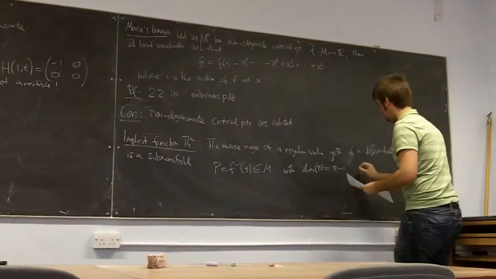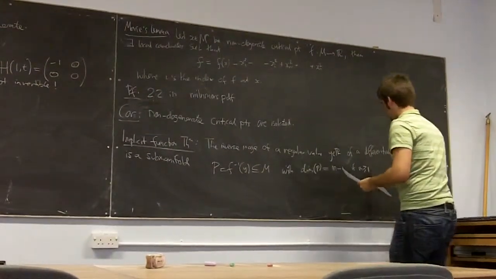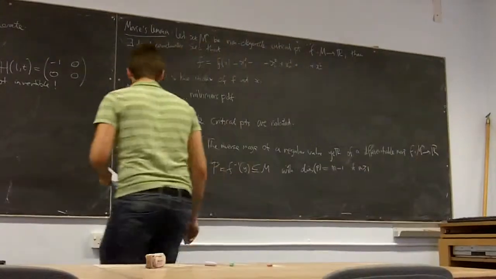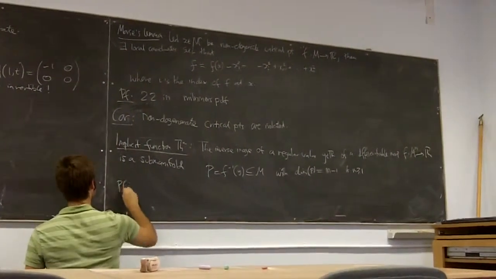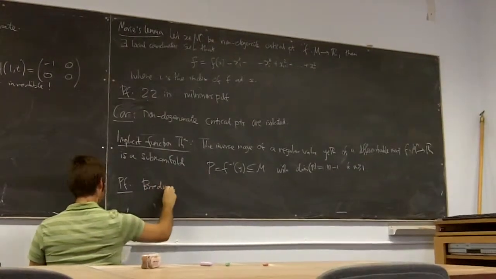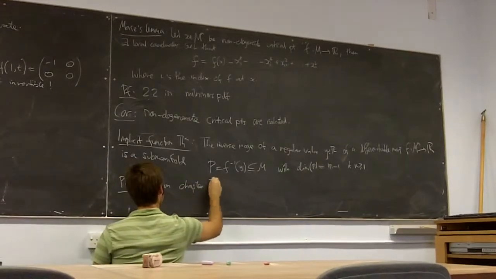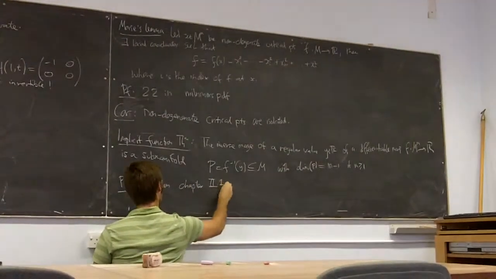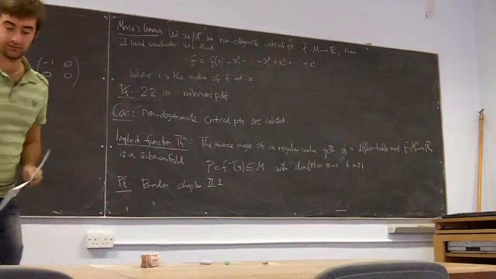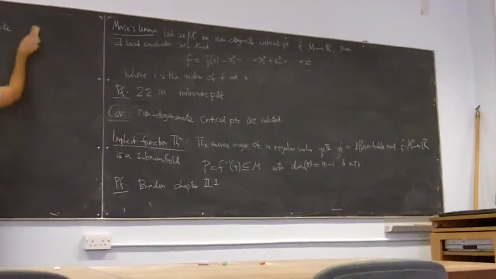So M minus 1, provided M is at least 1. And again, I'm not going to prove this, but just refer you to Braden chapter. Okay, so this is immediately incredibly useful.